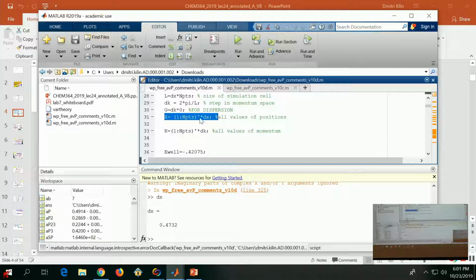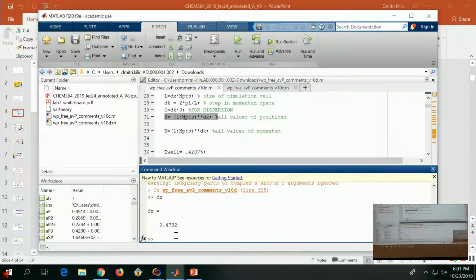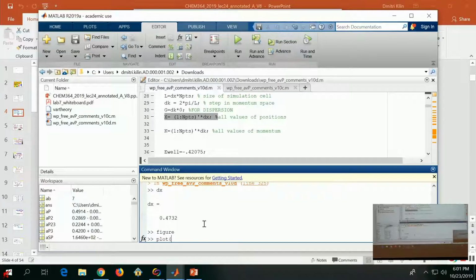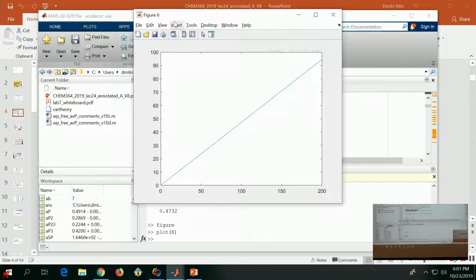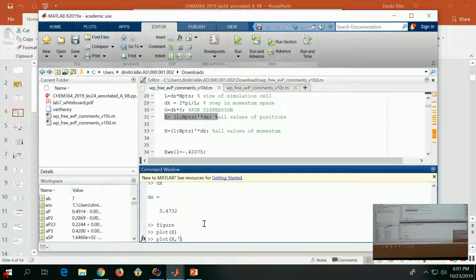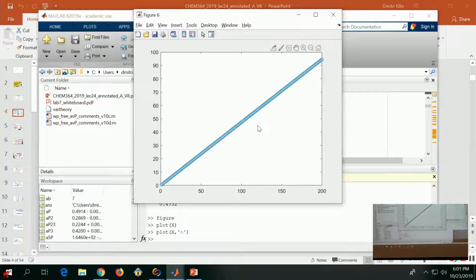What else? X is just grid points. So we have 200 points, and offset between points is about half, so our space goes from 0 to 100 in atomic units.